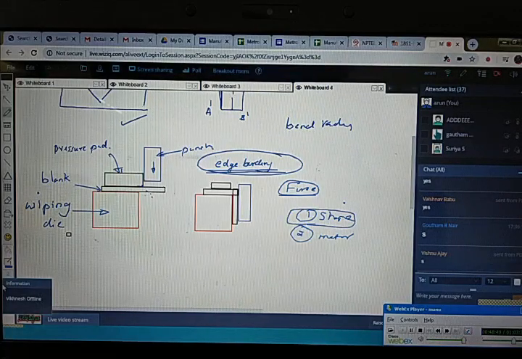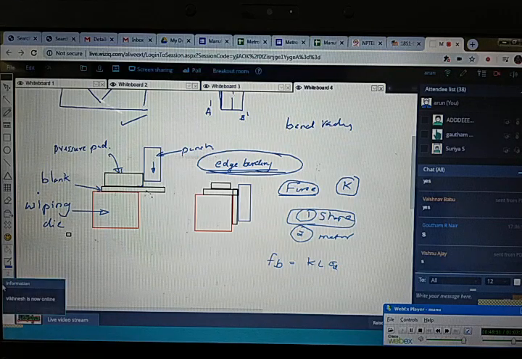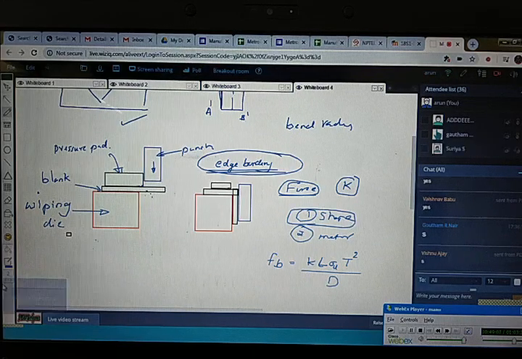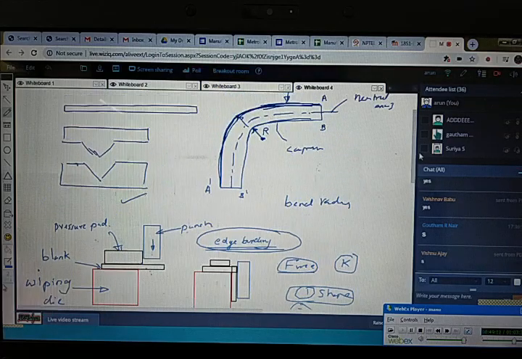The shape of the die is given by a factor called K. So FB is equal to the empirical expression K L sigma U T square divided by D, where K is the parameter of that sheet material, and what is D over there?